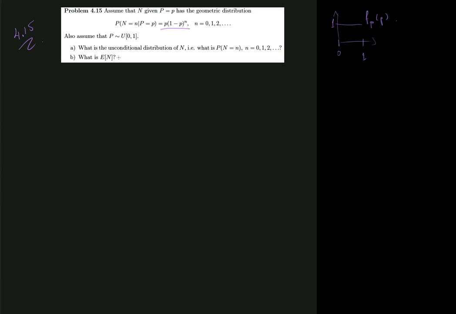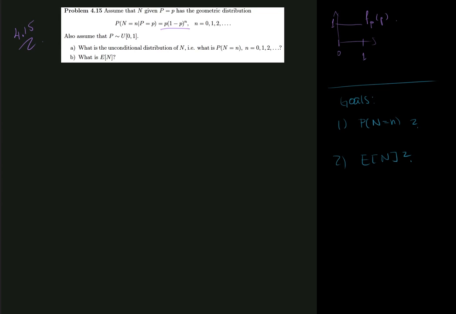And then we're asked to find the unconditional distribution of N and also the mean of N. So the goals: 1, what is the probability of N being equal to n? And 2, what is the mean value of N?